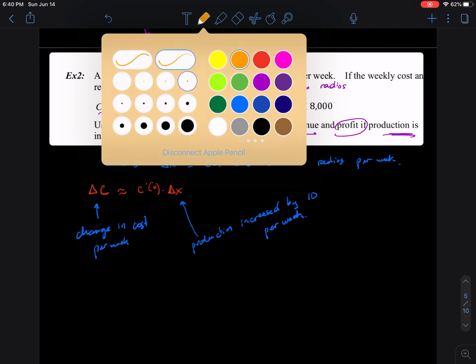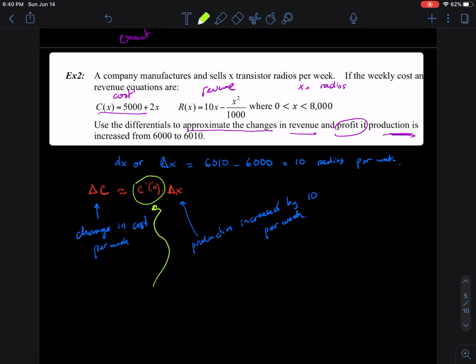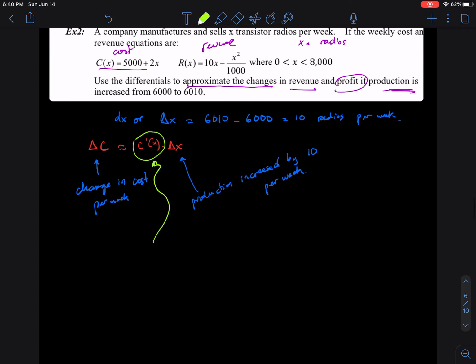And then this part is going to be confusing. This C prime of x here, we haven't quite gotten to the business term for the derivative of a cost function yet. So right now we can say that if that's the derivative of the cost function, it tells us the cost per unit, per radio, at the current level of production.